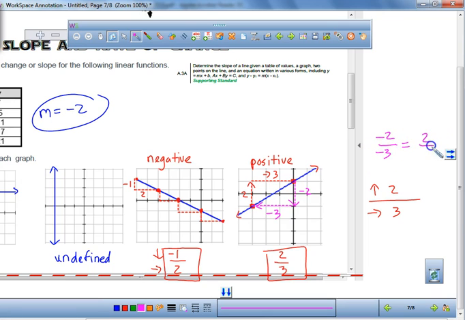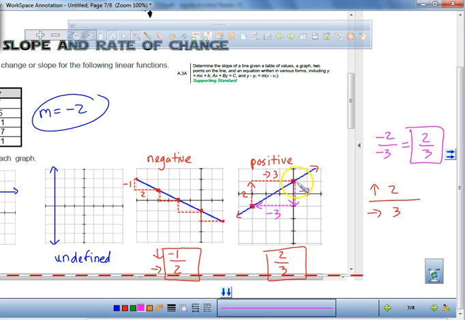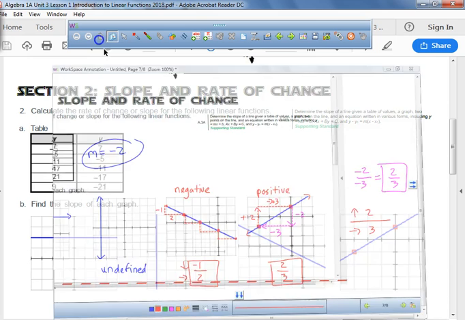They cancel, so you still get the same answer, whether you go up 2 over 3 or down 2 and to the left 3. Down is always negative, to the left is always negative, up is always positive, and to the right is always positive. So that's why your slope is a positive 2/3. Boom.